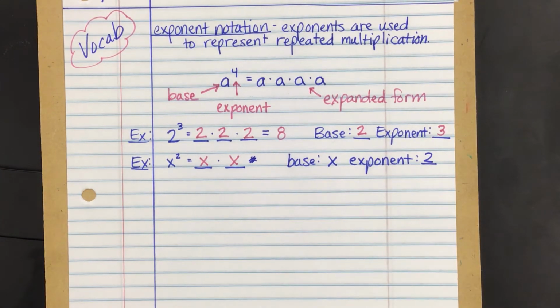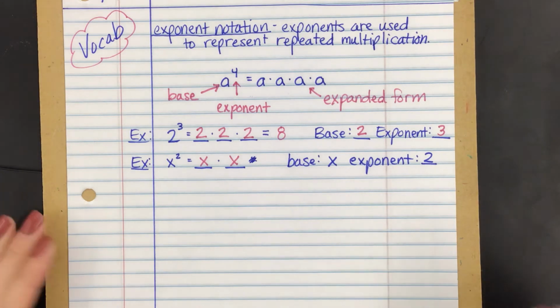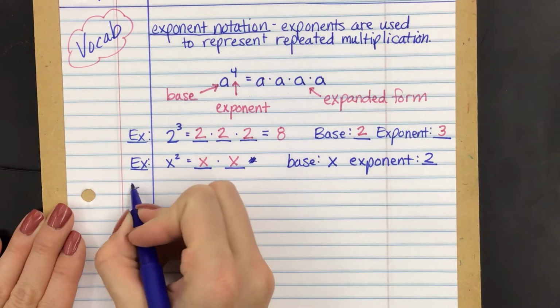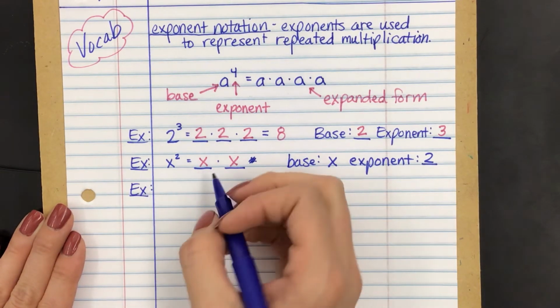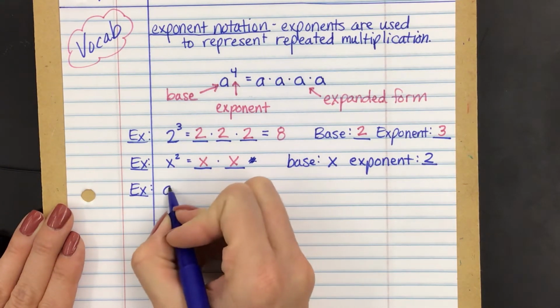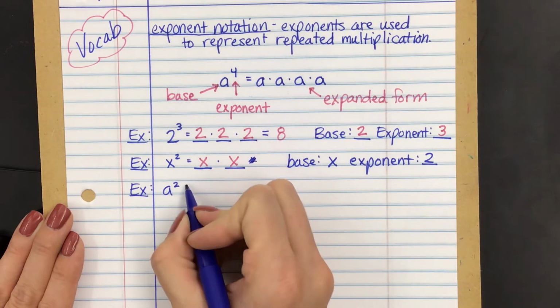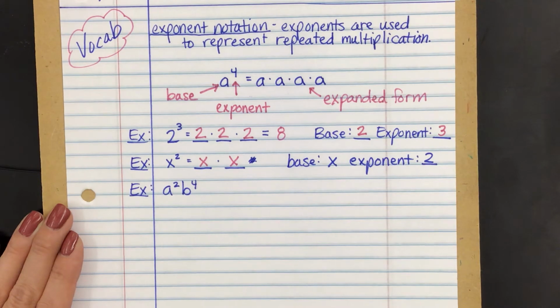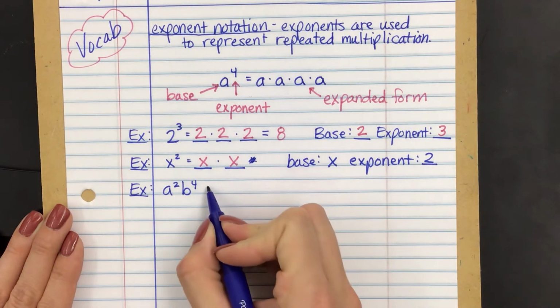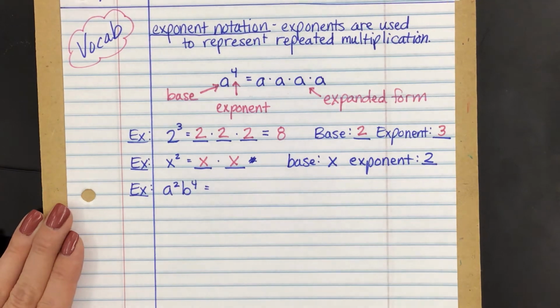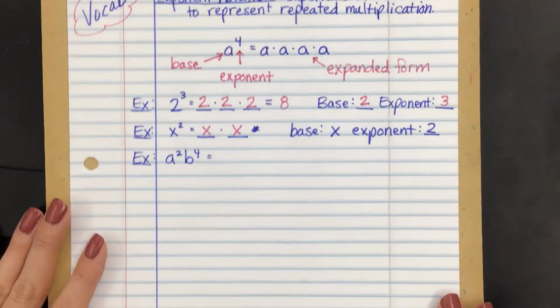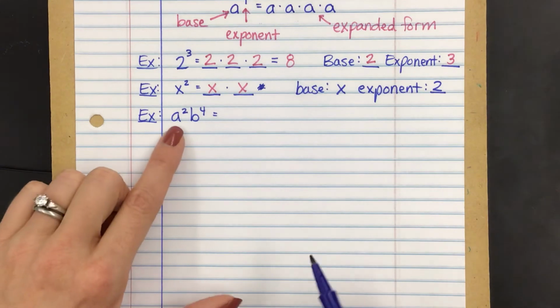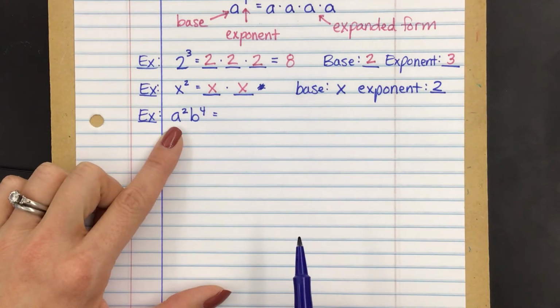Now let's take a look at a little more complex ones that involve variables. Let's do a squared times b to the fourth. If we write this in expanded notation, you have a multiplied by itself twice.